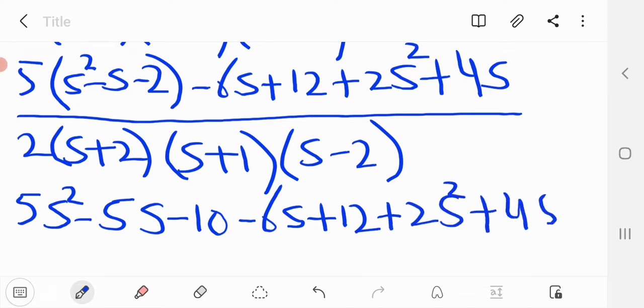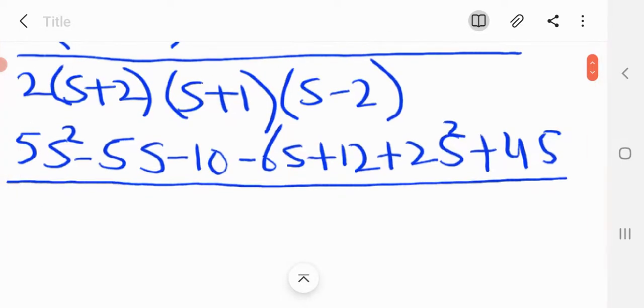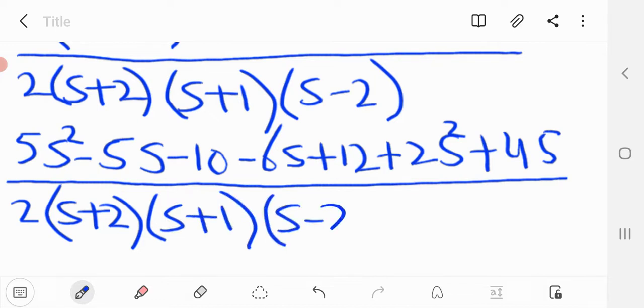Now all the same power variable terms will be added or subtracted. So let me write the denominator as it is. It will convert like this: 2 into s plus 2 and s plus 1 and s minus 2.